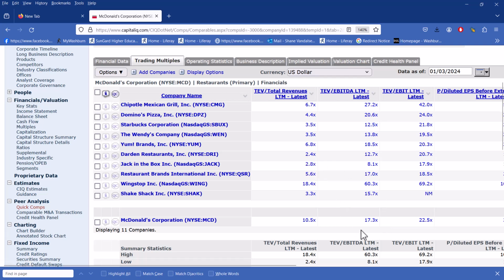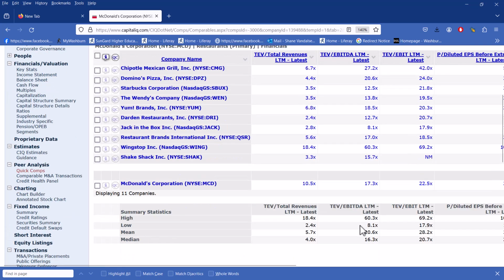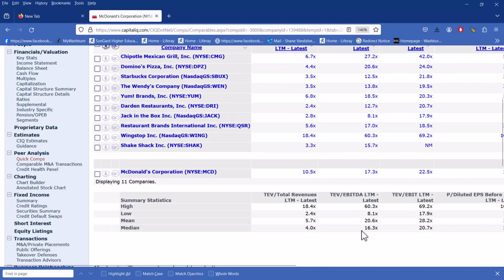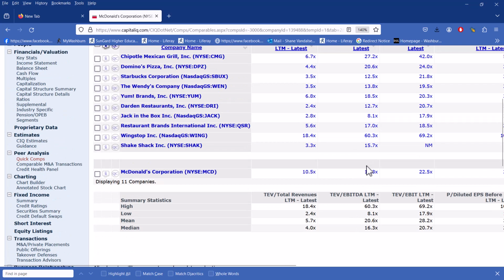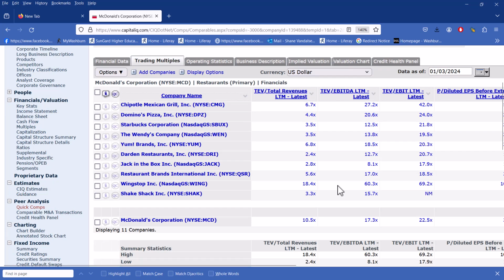We can see here that McDonald's is kind of in the middle of all these competitors up here. The median is 16.3. They're at 17.3, so slightly above the median value. Certainly there are some companies that have higher values here than McDonald's. Certainly Chipotle looks a little bit better in terms of this number, 27.2. Wendy's is a little bit lower.